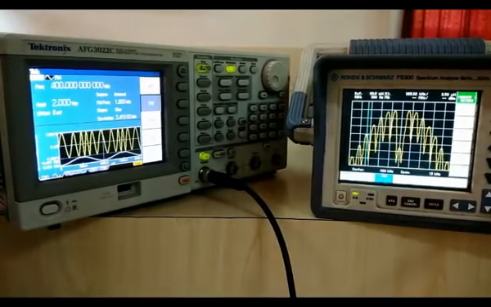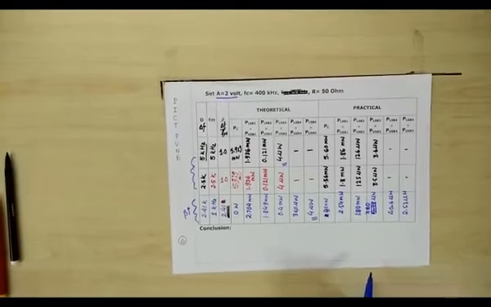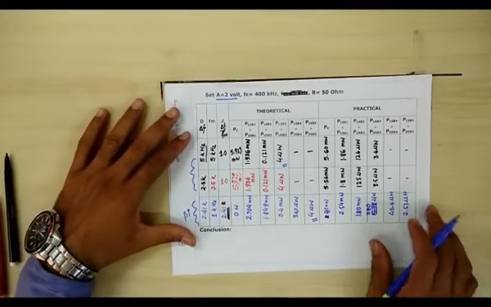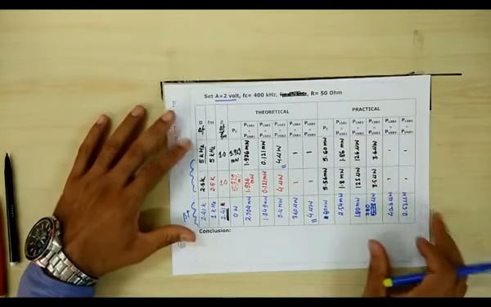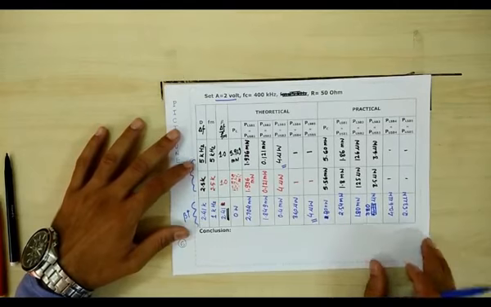So this is the experiment that we have performed. So now we have theoretical and practical both values with us. Now we can compare this result and we can conclude the experiment.